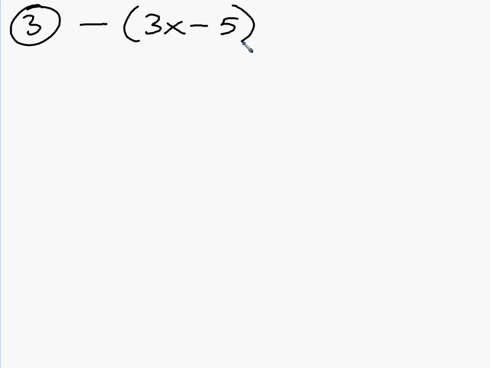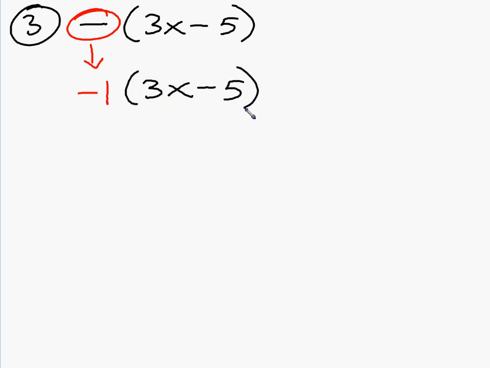then that negative on the outside, this is important. We just want to think of this negative on the outside as a negative 1. That's all you've got to do. So if you see that just negative sign, it's just negative 1 times the quantity 3x minus 5. And then we do it like the last two problems that we've done.